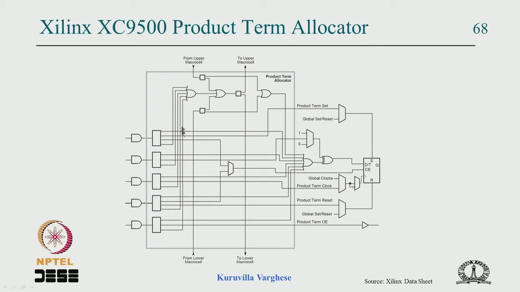All these 5 product terms are ORed and given to this structure, which can be taken to the upper macro cell and lower macro cell. Say this is coming from the upper macro cell, that means there is a section there with 5 product terms, and there is an extra OR gate that is diverted here, and you can take that and put it, this is connected to this OR gate.